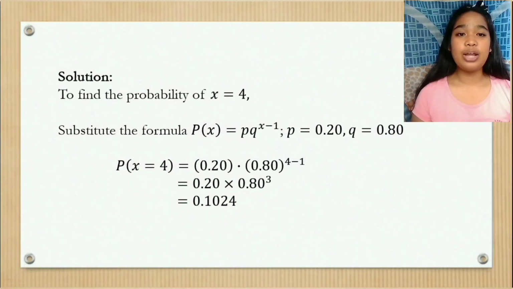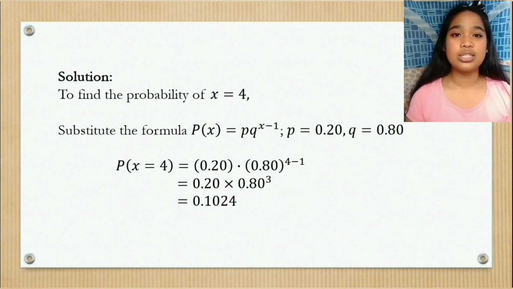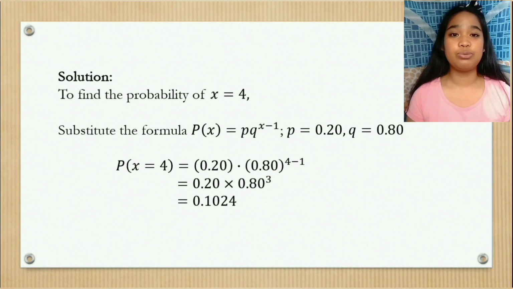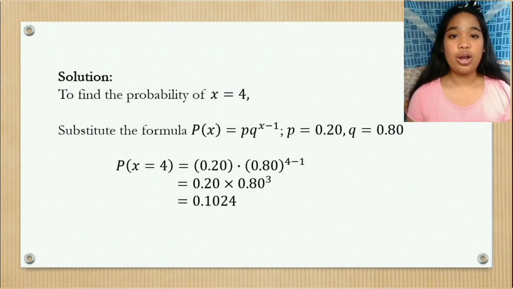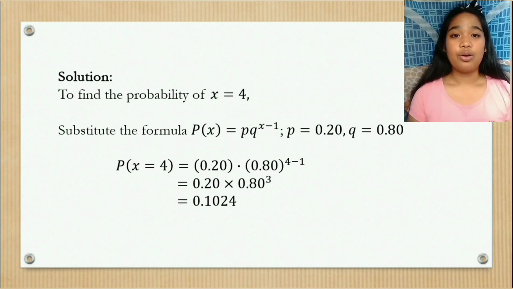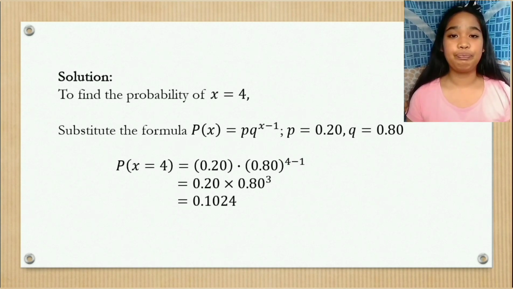Solution. To find the probability of x equals 4, we need to substitute into the formula of the geometric distribution, which is P of x equals p times q raised to x minus 1, where p equals 0.20 and q equals 0.80, p being the probability of success and q the probability of failure.